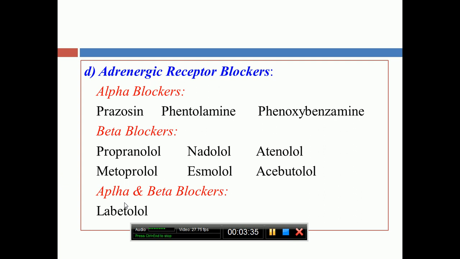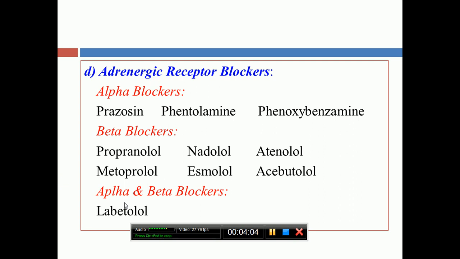So we have alpha 1 blockers like prazosin, phentolamine, phenoxybenzamine. Then we have beta blockers. There are 2 types of beta receptors, beta 1 and beta 2. Beta blockers block the beta receptors, either beta 1, beta 2, or both. So beta blockers include propranolol, nadolol, atenolol, metoprolol, esmolol, and acebutolol.